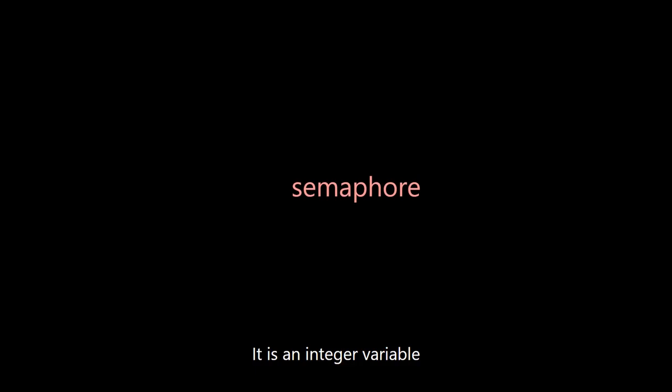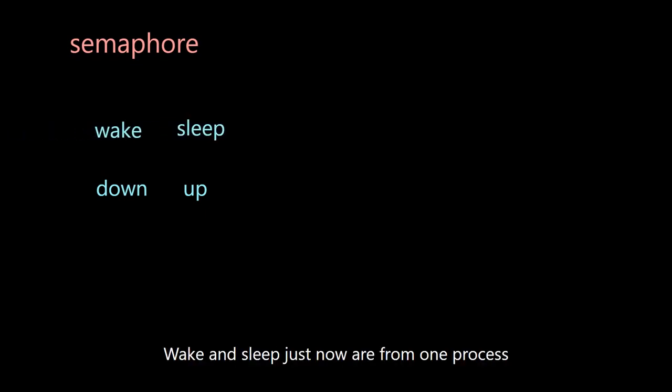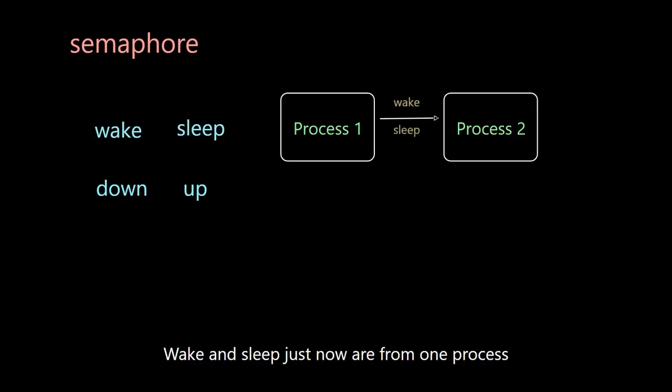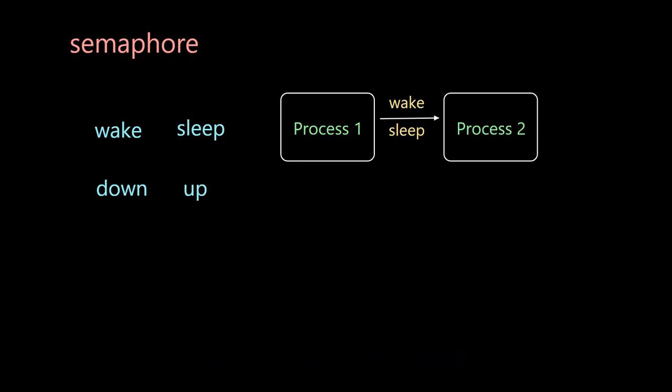Now let's introduce a solution called a semaphore. It is an integer variable equivalent to a natural number. It corresponds to two operations, down and up. It is a generalization of the previous wake and sleep. Wake and sleep just now go from one process to another, and that is where the omission appeared.